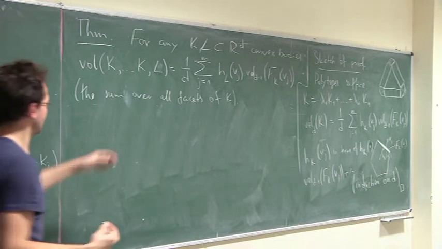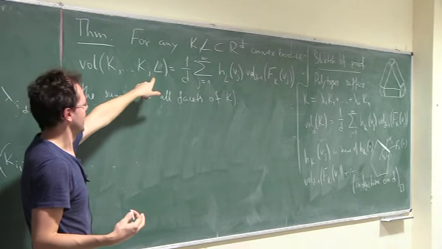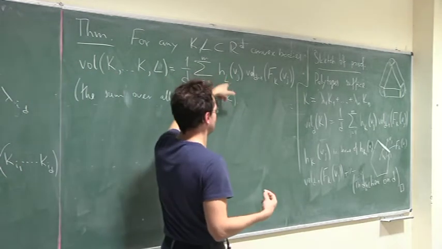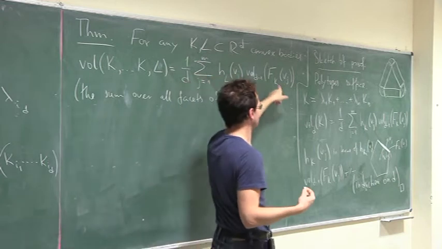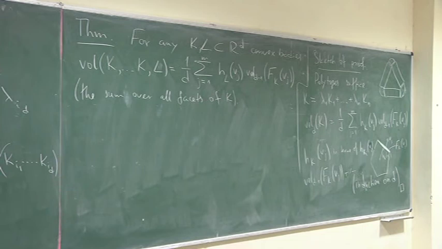Because we have here K taken d-1 times, L taken once, and so L comes with degree 1 and K comes with degree d-1. But this does not follow directly from the definition of mixed volumes.